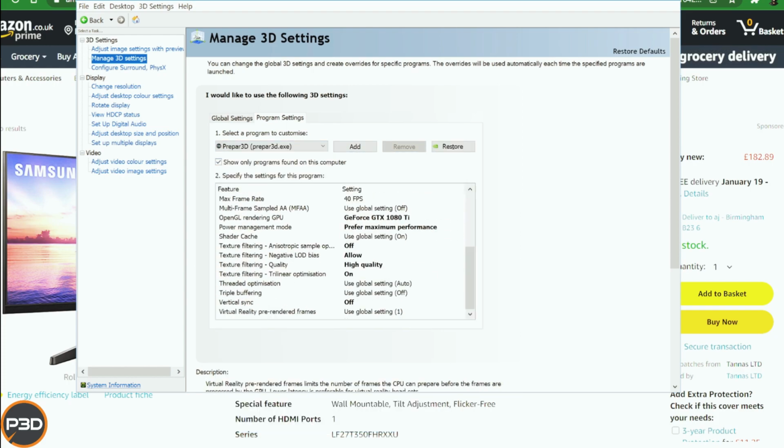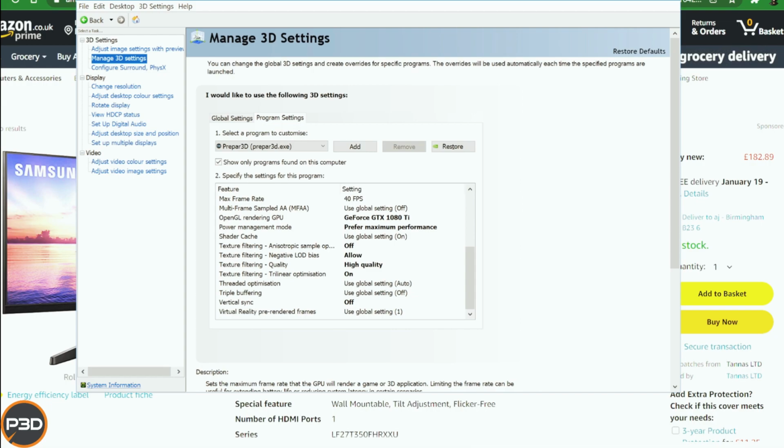So it's actually turned off the vertical sync, and I lock my max frame rate to 40, because beyond 40 is just mental, right? But what my GPU does is it tries to lock to 40 every single time. Now, the GPU can lock your frame rate better than the CPU can, and the CPU is where it used to happen in the past. The GPU does it better these days, and it's able to do it now in the sim.